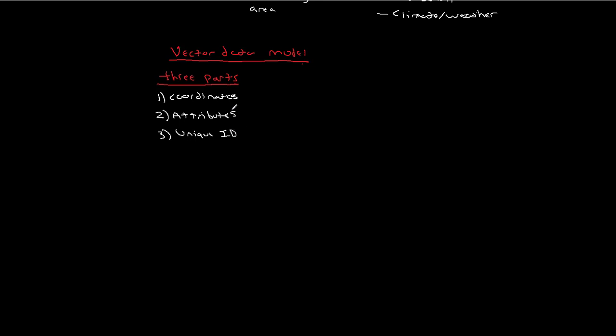So attributes, this is going to be the data. And we're going to talk more about that when we talk about the non-spatial part. So for now, just remember that this exists. What we're going to be focusing on today is this idea of the coordinates, because the coordinates are really the backbone of the vector data model.